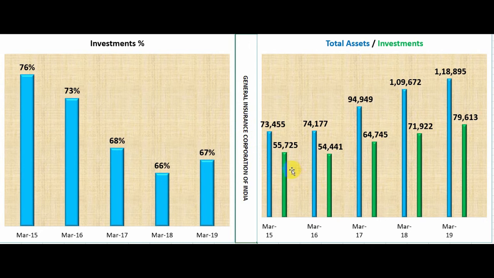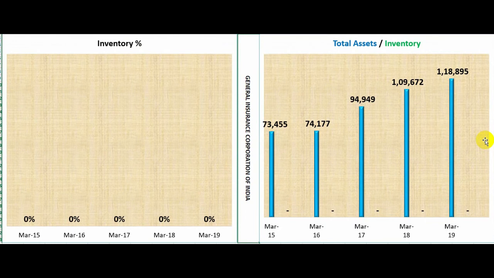Throughout March 15 till March 19, most of the company's assets were always invested in some kind of investments. The company has no inventories.